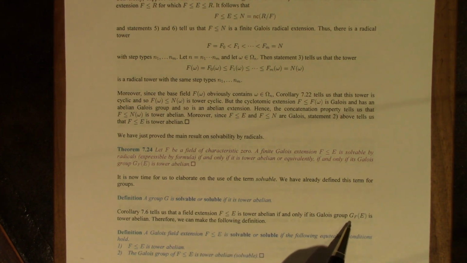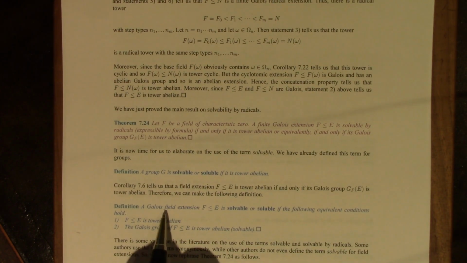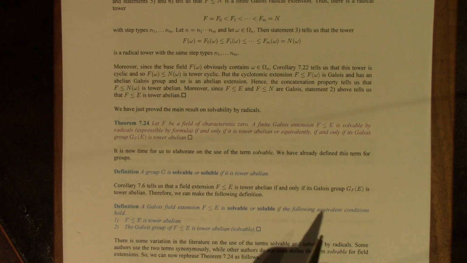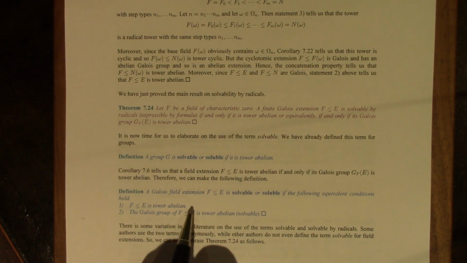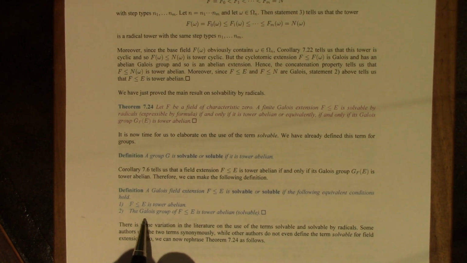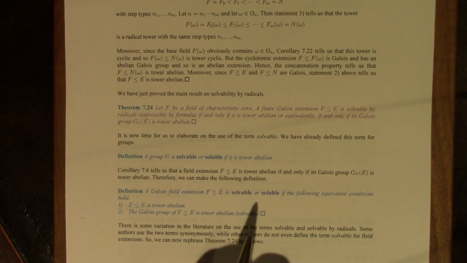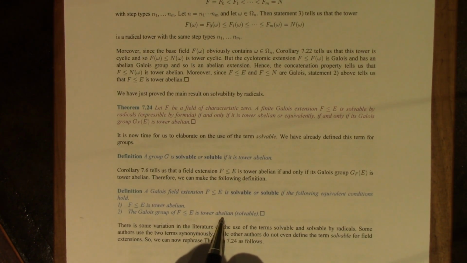An earlier corollary told us that a field extension is tower abelian if and only if its Galois group is tower abelian. So we can make the following definition. A Galois field extension is solvable if either one of these equivalent conditions hold, and therefore both of them. The extension is tower abelian, or the Galois group of the extension is tower abelian, i.e. solvable.